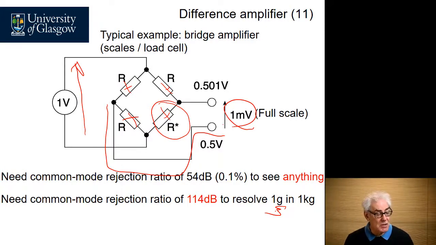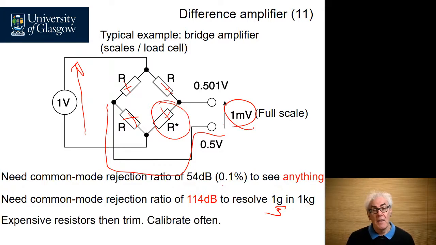In other words, 1,000 times more than the 54 we calculated. And that's beginning to get really, really tough. It would require hugely expensive resistors, then they would have to be trimmed, and then they would need to calibrate the circuit. And we'd need to do that regularly. And that is not a workable solution for mass-produced electronic products.